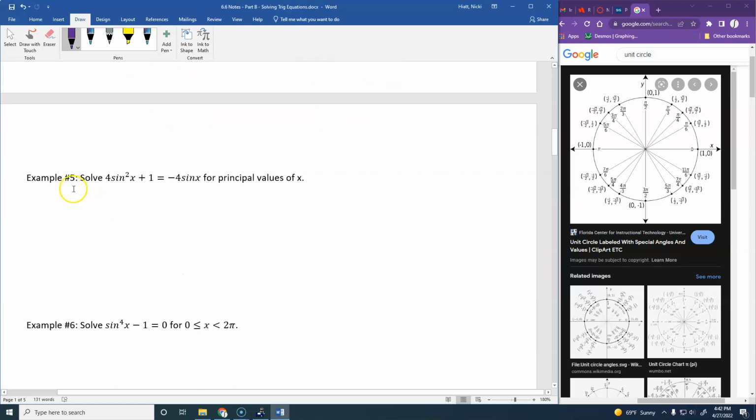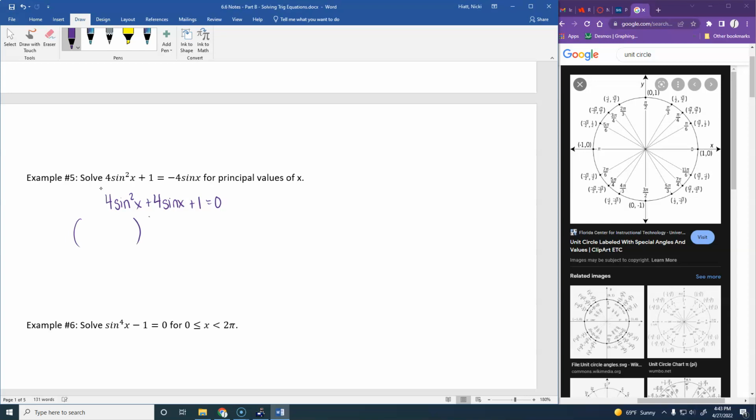Okay. For this problem, everything is in terms of sine. What we want to do here is we need to get everything to one side. So we're going to move all the terms over here to the left. And we want to try to factor here.